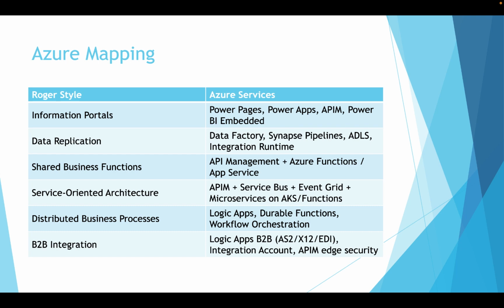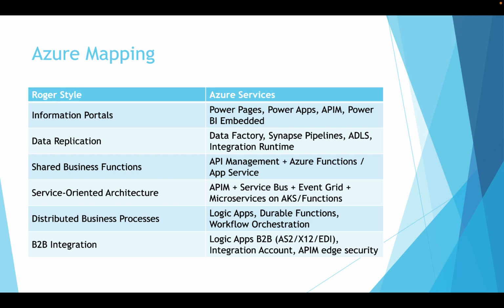Now the next is distributed business processes. In this case, we use Logic Apps, Durable Functions, workflow, orchestration, etc. Now, the final one is B2B integration. In this scenario, we use Logic Apps because Logic Apps is a good service to talk to external services, and integration, and APIM also.